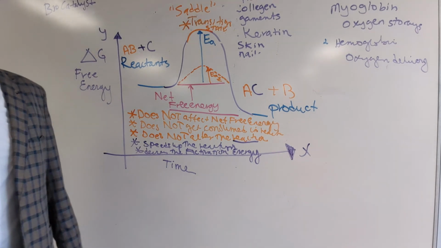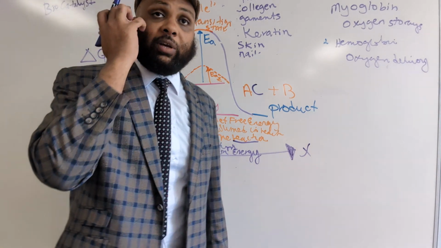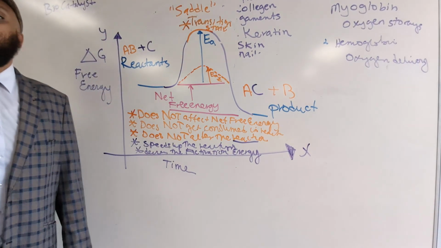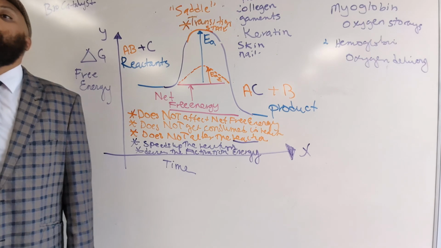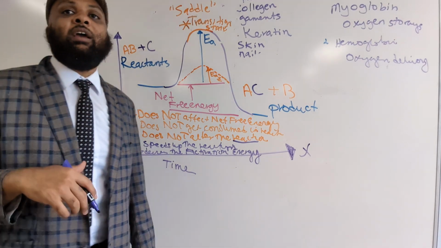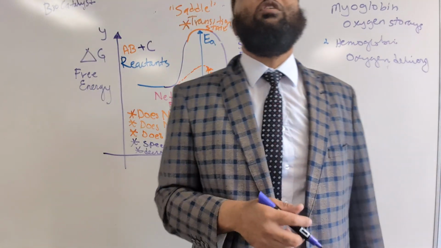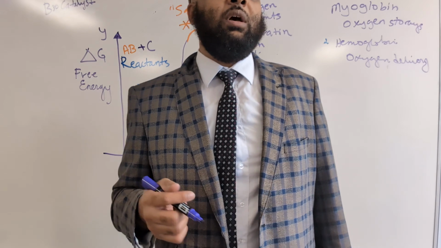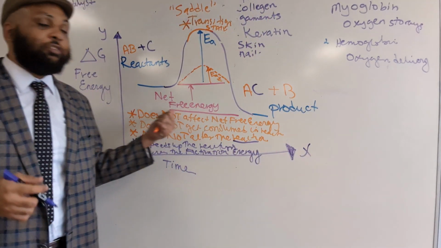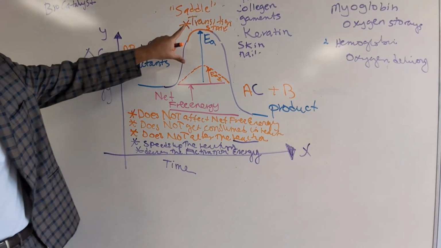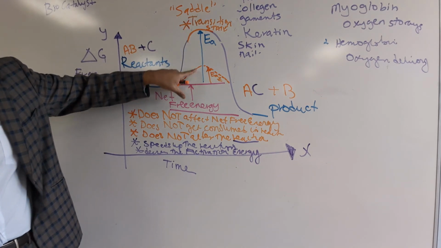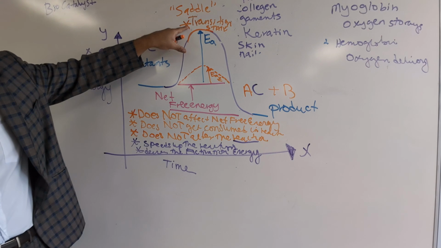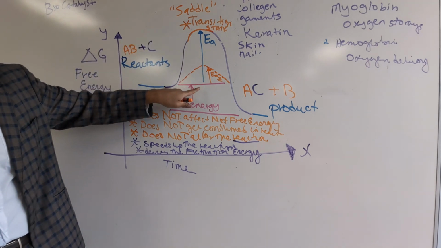On the exam, when students get a question like, the enzyme is a biocatalyst that speeds up the reaction by decreasing the net free energy, true or false, they say true. But it's not the net free energy. The net free energy stays the same. It is the activation energy between the reactants and the saddle point in the transition state complex.